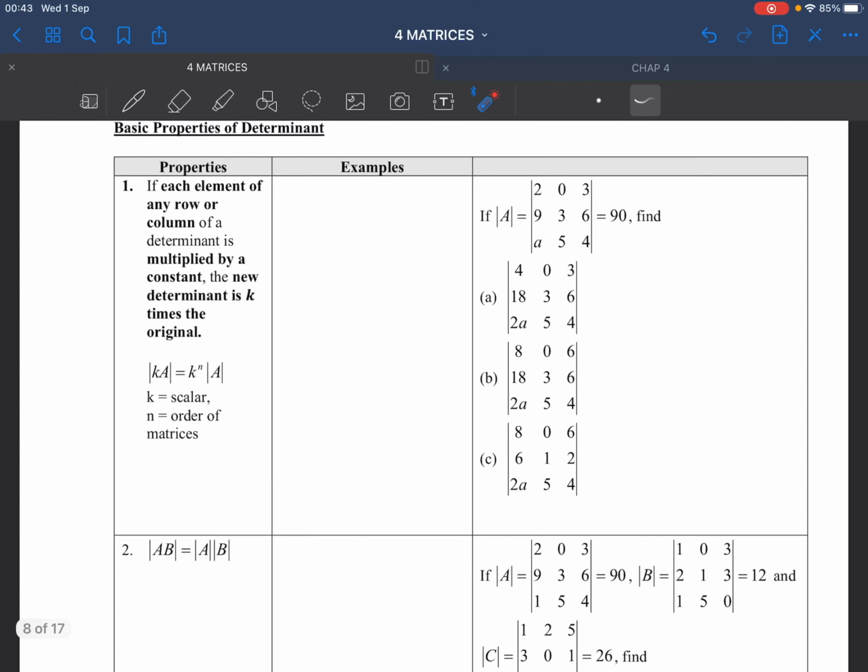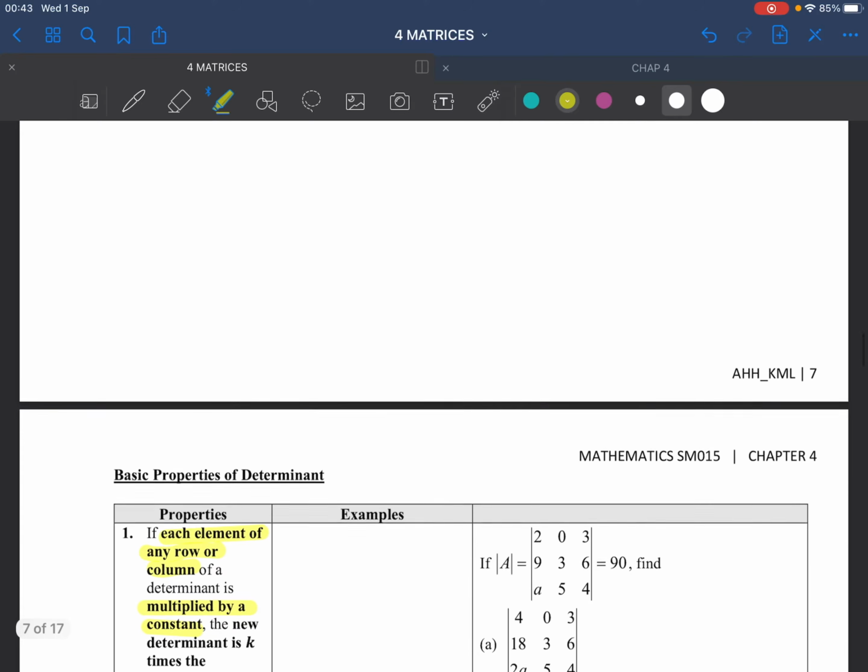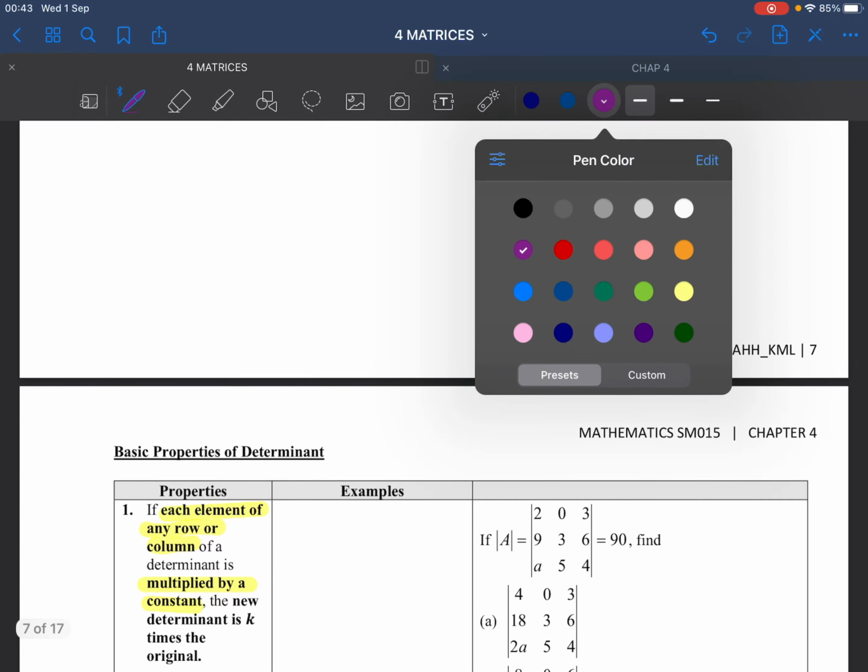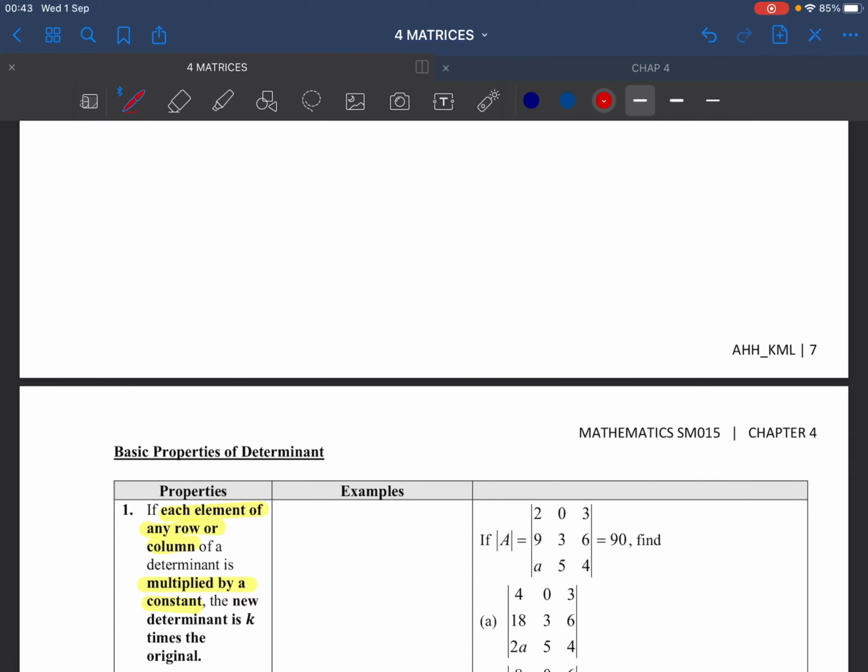kalau kamu baca kat sini, kita kata each element of any row or column of a determinant is multiplied by a constant. Okay, saya tunjuk. Before this kita belajar scalar multiplication for a matrix. Contoh, kalau saya ada matrix A equals to, saya guna 2 by 2 lah, 3, 2, 1, 4.